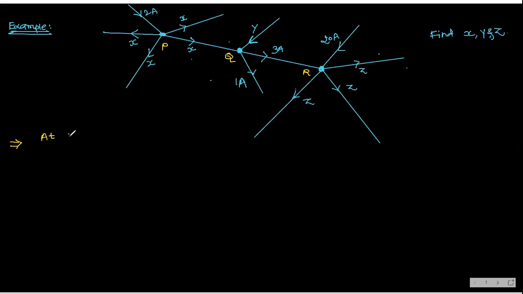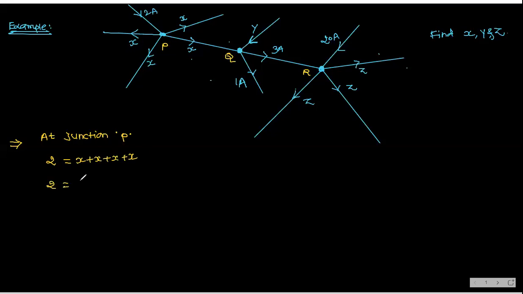Now at junction P, I am not writing many things. Now you understood. At junction P, incoming current is equal to what? 2. 2 is equal to all outgoing, so x plus x plus x plus x.